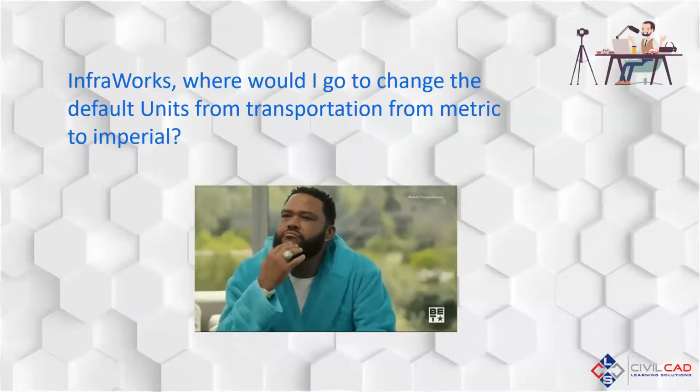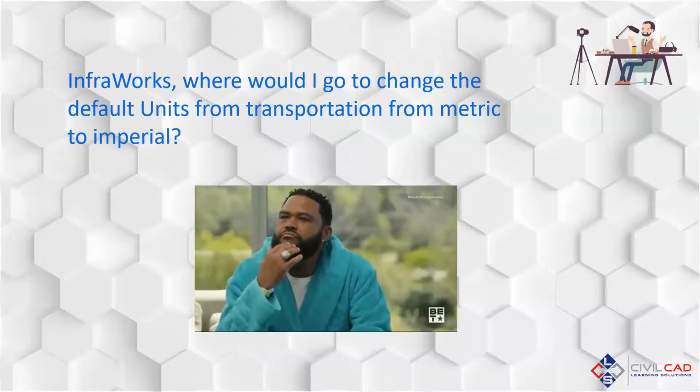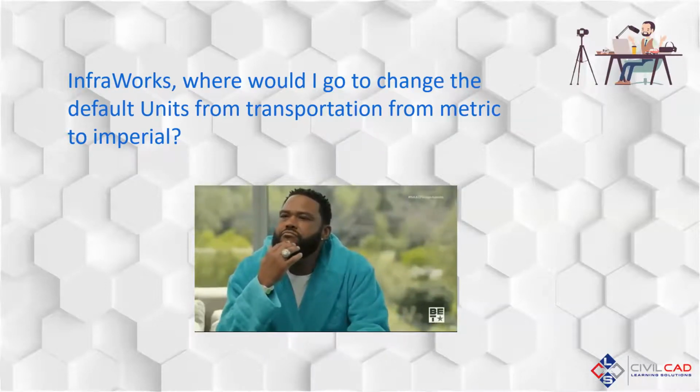In InfraWorks, where would I go to change the default units for transportation from metric to Imperial? I'm surprised you didn't just say settings.